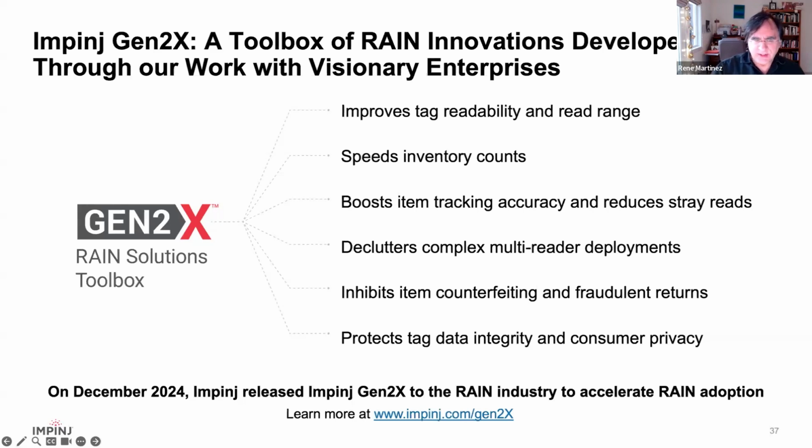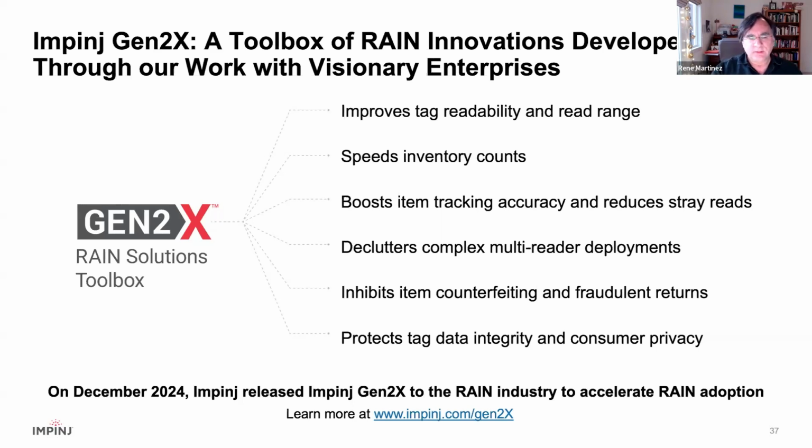At its core, Gen2X enhances the radio and logical layers of Gen2 to improve tag readability, speed of inventorying tags, boost read accuracy and reduce stray reads, declutter tags, and also offers protection aspects such as inhibiting counterfeit items, and also protects the tag data and enhances consumer privacy, which is germane to the embedded use cases.